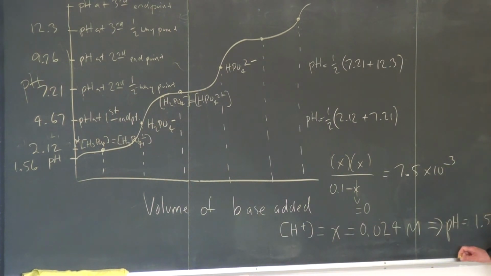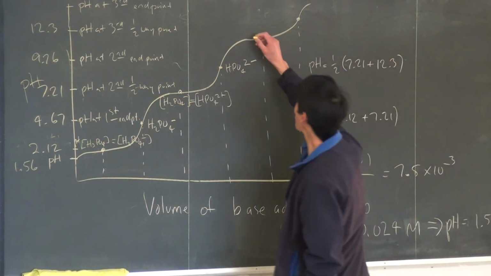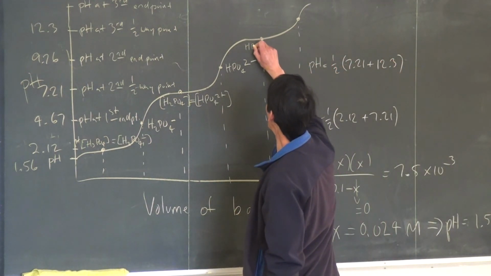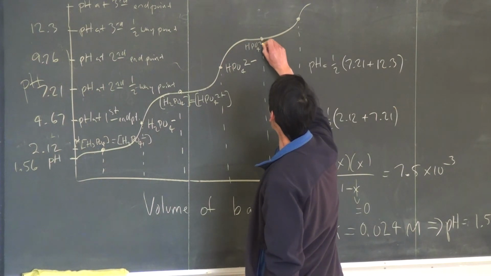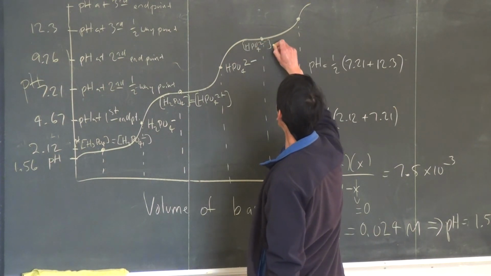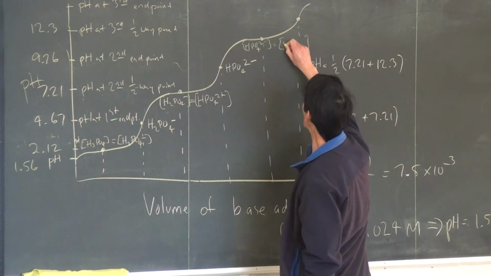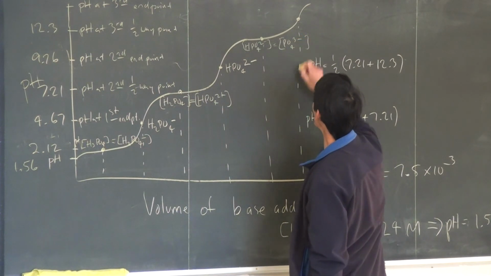Then as more base is added, at the third halfway point, you'll have HPO4 2 minus, and that's going to equal the PO4 3 minus.